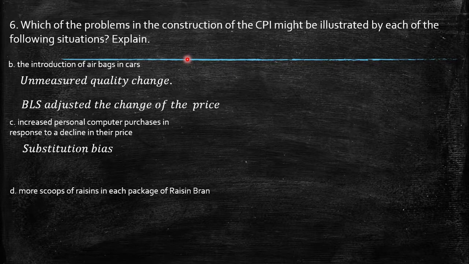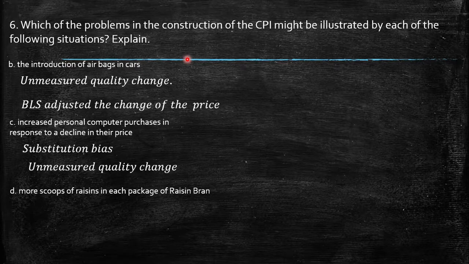So the CPI is taking into account just the desktop, but the one that should be calculated more should be the laptop, what we call substitution bias. And again, the unmeasured quality change, because it just measures prices, not the quality of the computer, maybe with more RAM capacity, speed, or the quantity of gigabytes or terabytes that you can keep in your computer. It is not taken into account in the CPI.